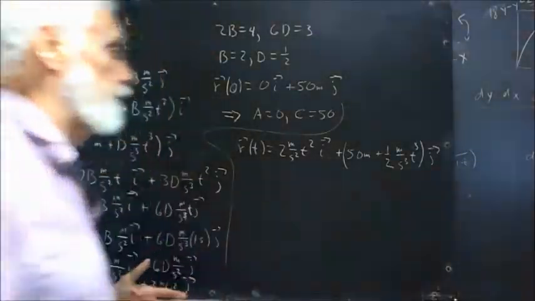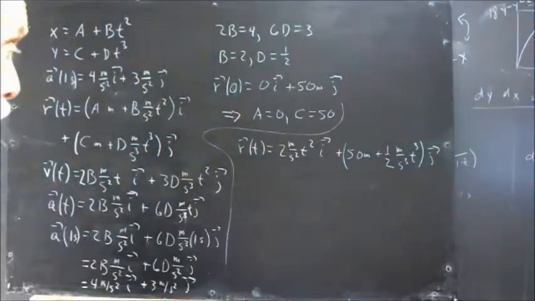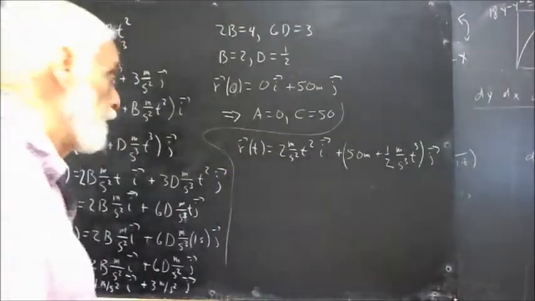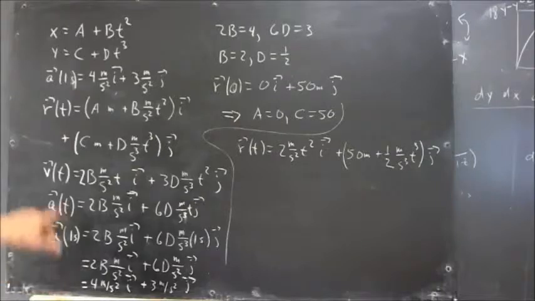Okay, any other questions that are posed on this particular problem can be answered easily in terms of the velocity and acceleration functions. The velocity function we see here, the acceleration function we see here.